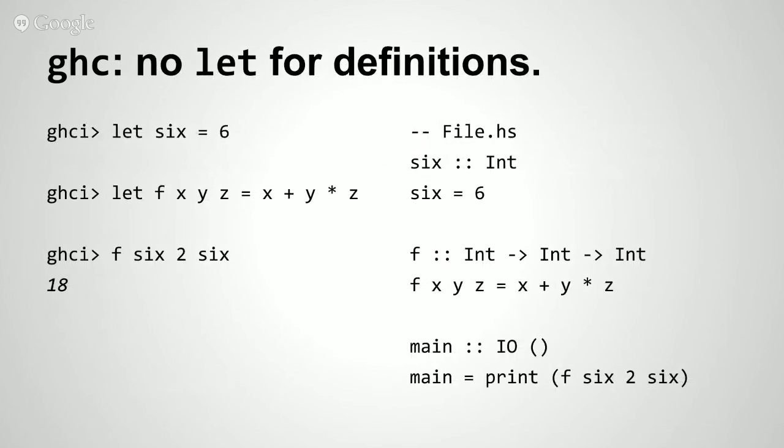On the left, you have let 6 equals 6, and on the right, you have 6 equals 6. And the type hints that I have in the source file, file.hs, usually you don't have to include those. There are exceptions when it can't resolve an ambiguity, but in general, you don't have to give the type hints.